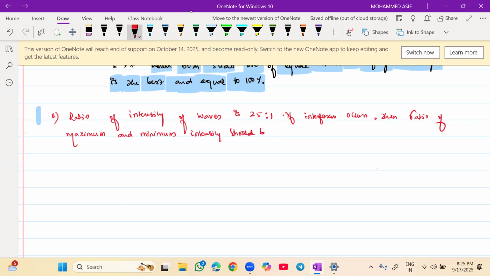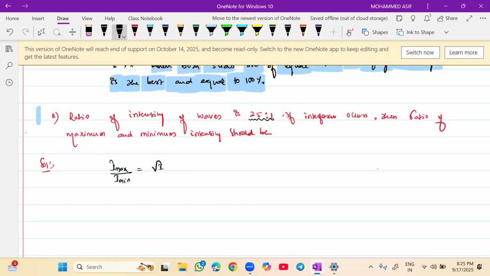We have the ratio of intensities. We are asked for the ratio of I max divided by I minima. The ratio of intensities of the waves is 25:1. So what is the formula I'll be writing right now here?